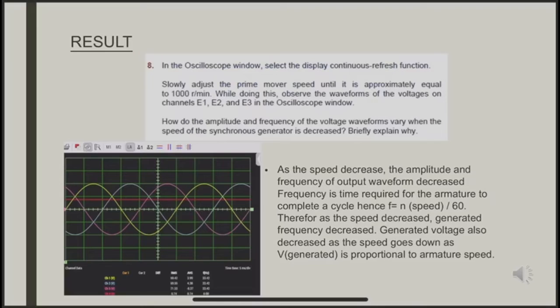Frequency is the time required for the armature to complete a cycle. Hence, frequency equals speed over 60. Therefore, as the speed decreases, the generated frequency also decreases. Generator voltage also decreases as the speed goes down, as V is proportional to armature speed.